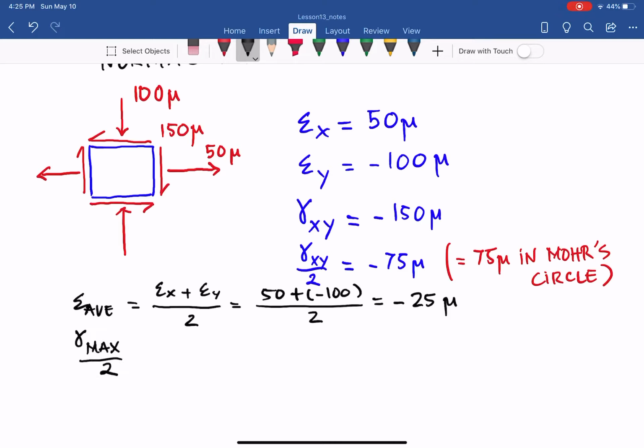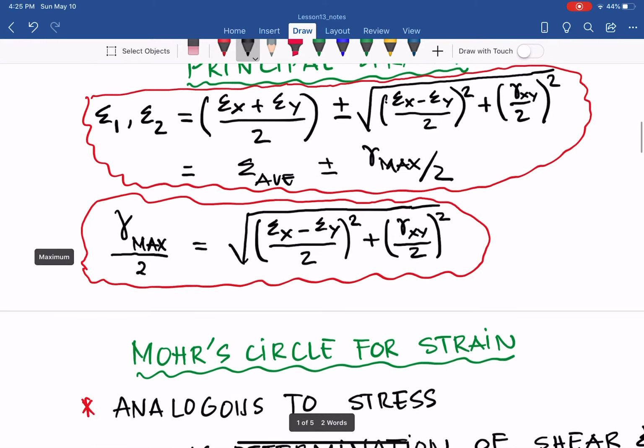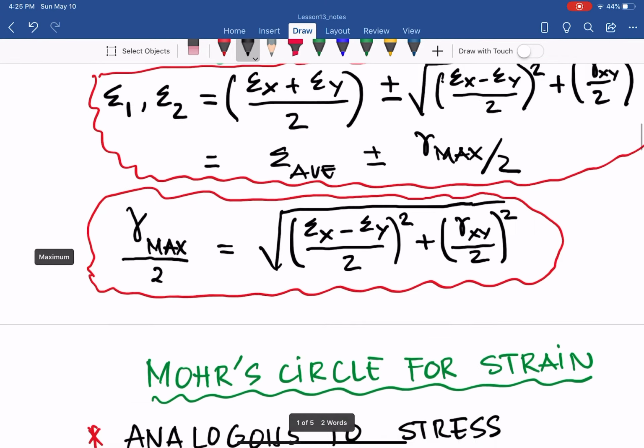And we have gamma max over 2. That is actually the radius of the Mohr circle. If you recall, gamma max over 2 is equal to the equation here, so we just apply that.